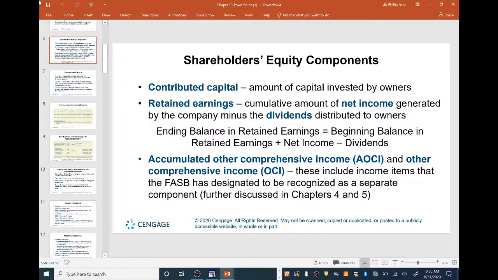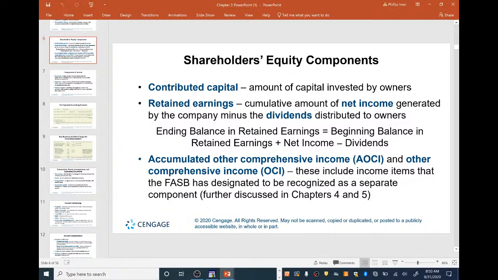Next, we have accumulated other comprehensive income, known as AOCI, and other comprehensive income, known as OCI. These include income items that the FASB has designated to be recognized as a separate component. Right now, we're not going to get into the different components that make up AOCI or OCI.